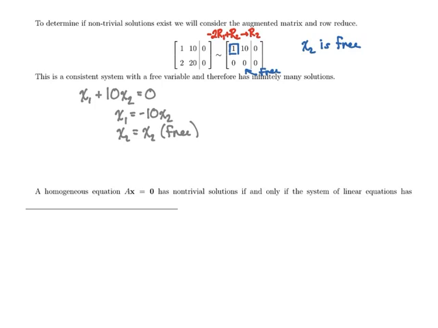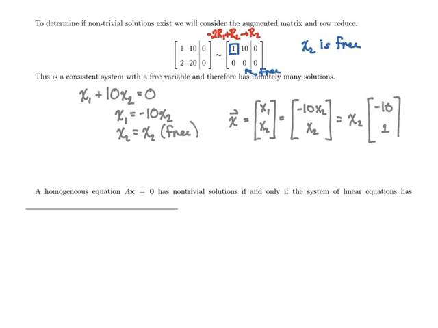So we could write our solution as the vector x, which is x1, x2. Written in vector form, this is negative 10x2 for x1, and x2 for x2. And then we can take out an x2 from that vector, and we're left with negative 10, 1.